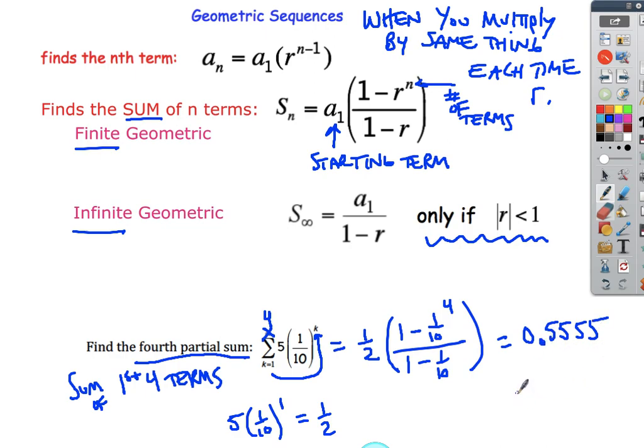Okay. Now, what if I change that problem and now I want kind of what it was originally, from 1 to infinity of 5 times 1/10 to the k. Now, this is an infinite geometric, and my r value is less than 1. 1/10 is less than 1.